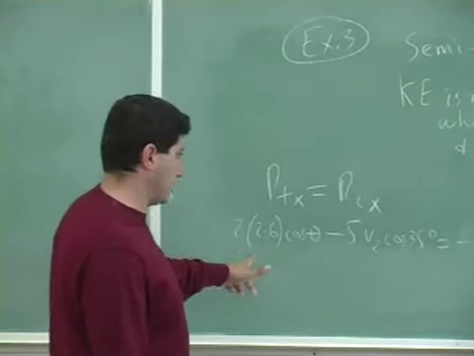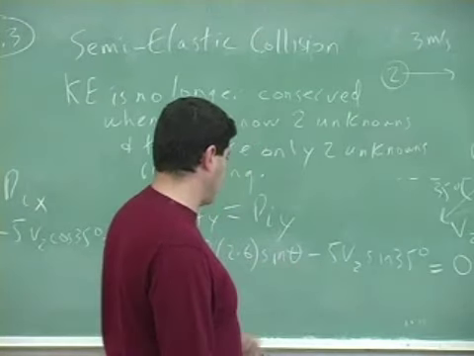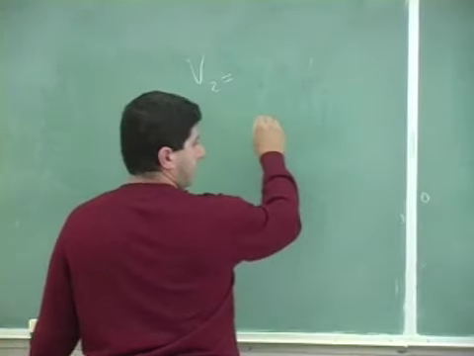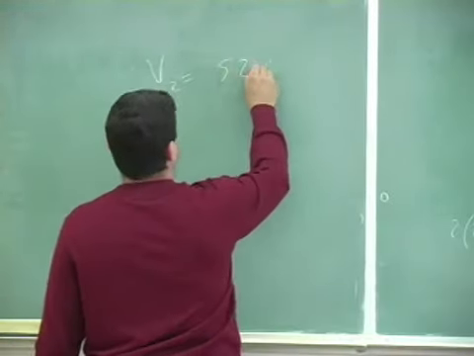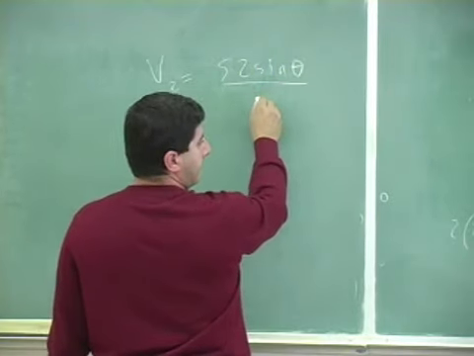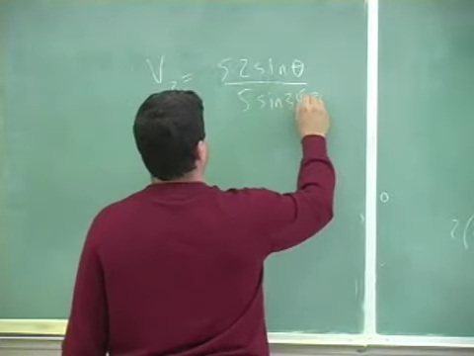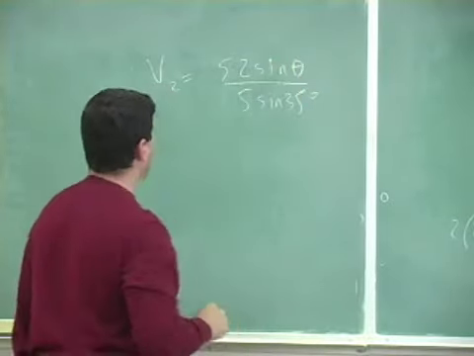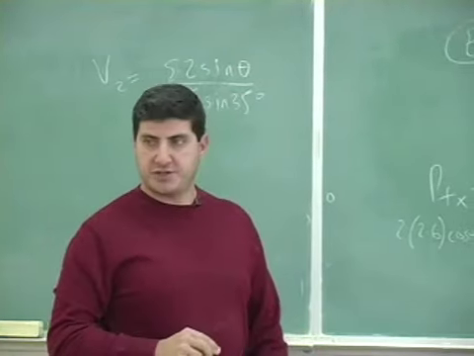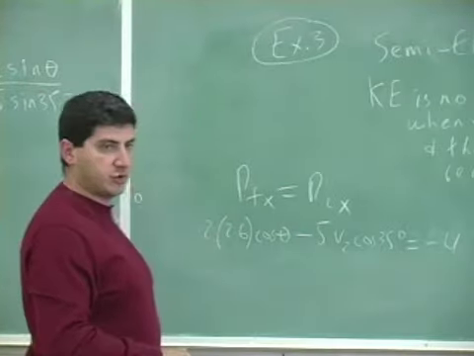Well, all you do here is you solve for V2 in terms of theta. You get V2 is 5.2 sine theta over 5 sine 35, right? And then you substitute that V2 over here.